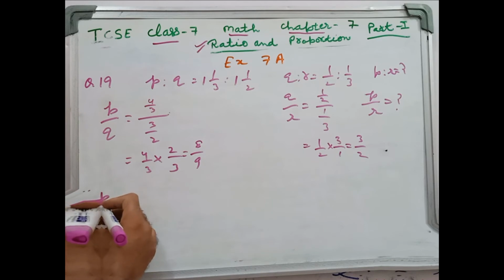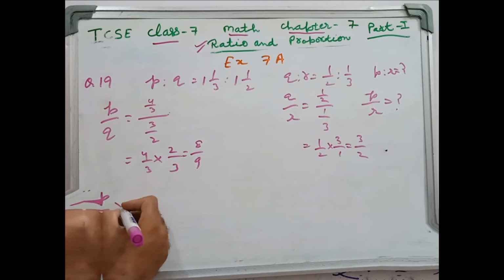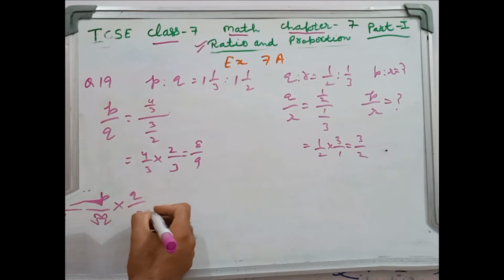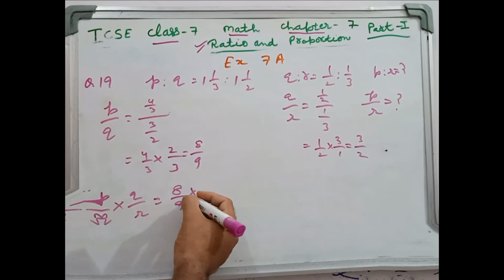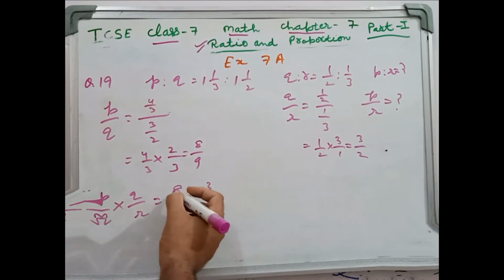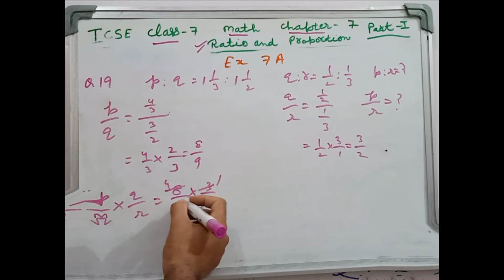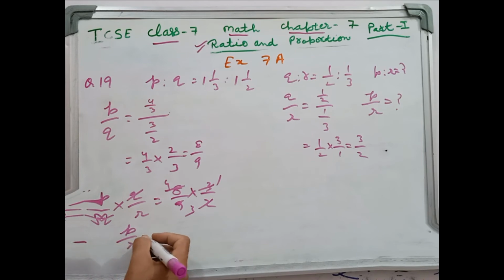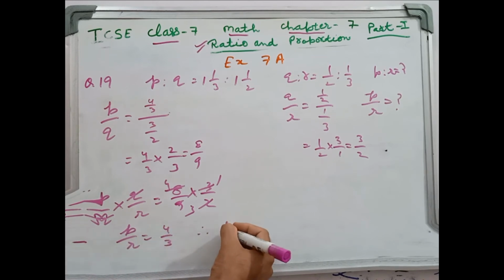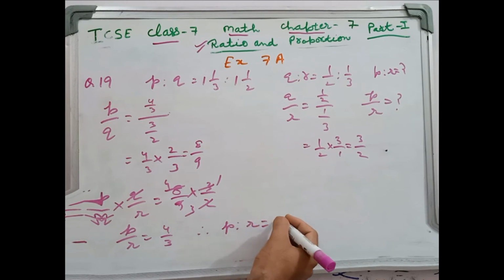Therefore, P upon Q multiplied by Q upon R. So P upon Q is 8 by 9 multiplied by Q upon R. 2 fours are 8, 3 ones are 3. Q gets cancelled. P upon R is equal to 4 by 3. Therefore, P ratio R we will get 4 ratio 3.